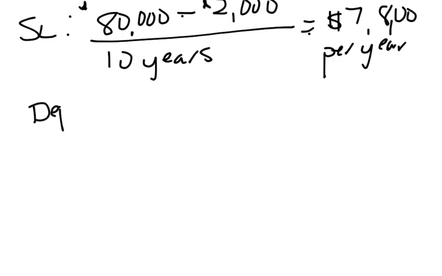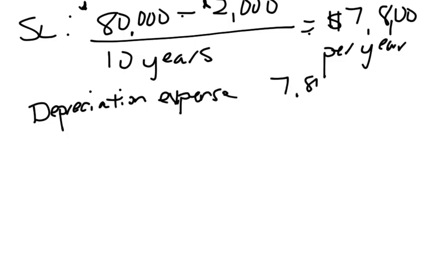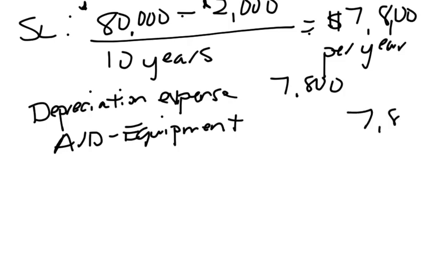So it would look like this. We have depreciation expense. We're increasing it, so we're going to debit it for that $7,800. And then we would credit accumulated depreciation for equipment, increasing it for $7,800. That would be our journal entry.